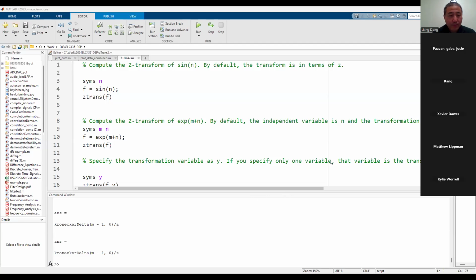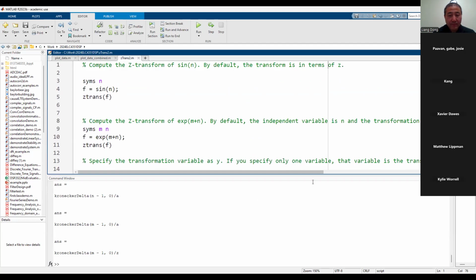Hope it's not too small. You can check a Z-transform using a very simple function in MATLAB called ztrans or iztrans. It's very easy, but you need to install the symbolic toolbox of MATLAB so it knows to keep n or z as a variable. So let's look at some examples.